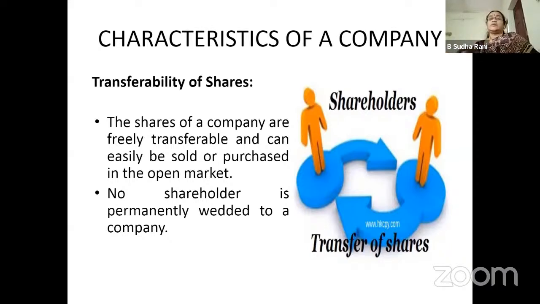You can sell to anyone and buy from anyone. This flexibility in the transferability of shares enables the company to gain more investors to invest their savings in the shares. That is one of the characteristics.